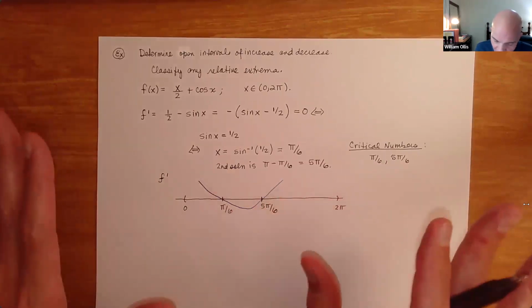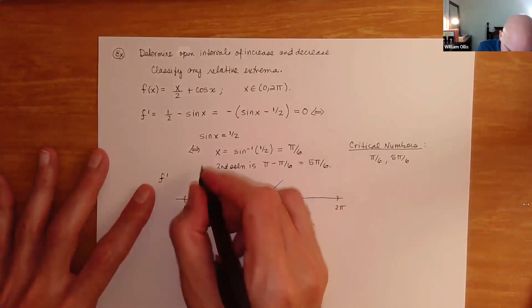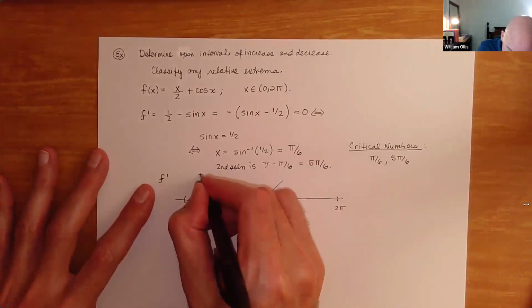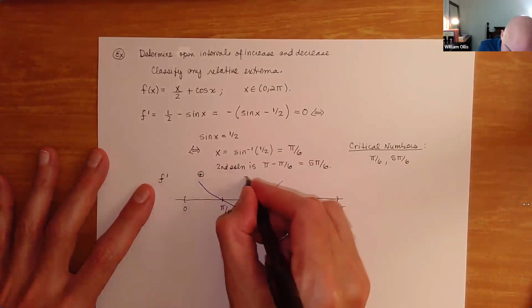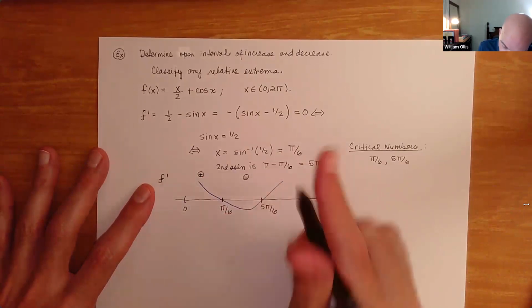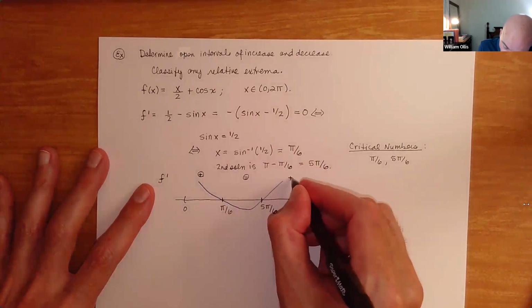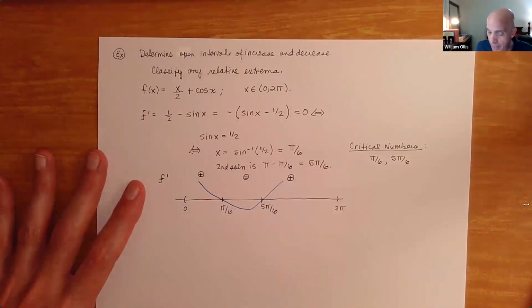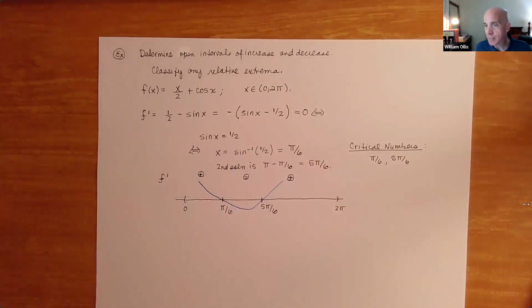Okay, so now what we need to see here is that we have a plus increasing, we have decreasing for a negative derivative, and we have plus here. Now, the way to invoke the first derivative test is to just use arrows to indicate increase, decrease.